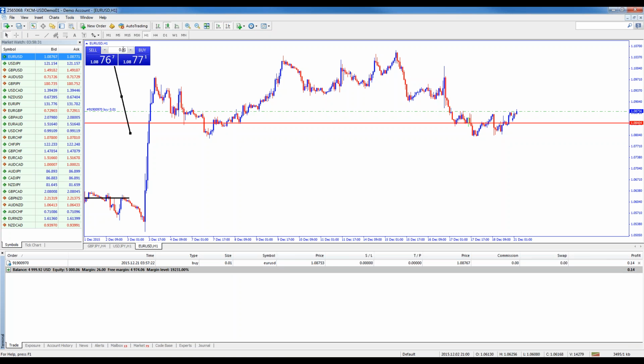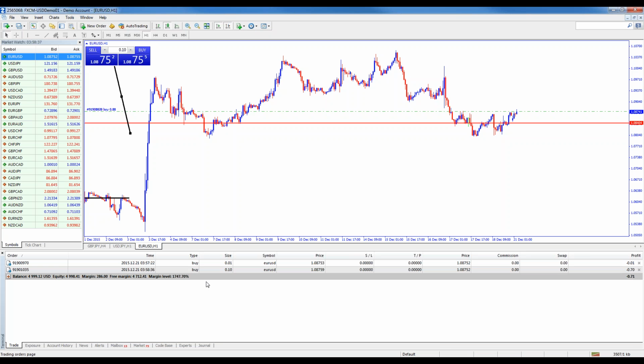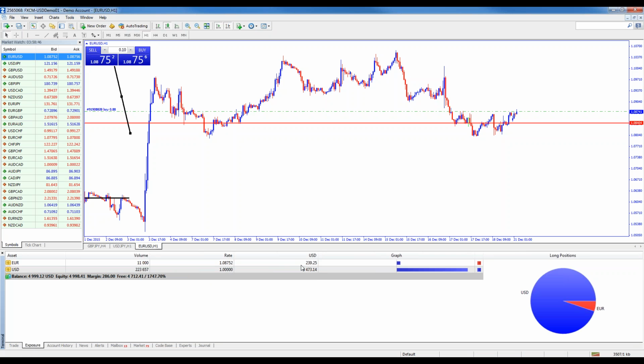The next size is a mini lot. The mini lot is based on $10,000 worth of leverage. The first one we had was $20 of your margin. Right here you see 11,000.